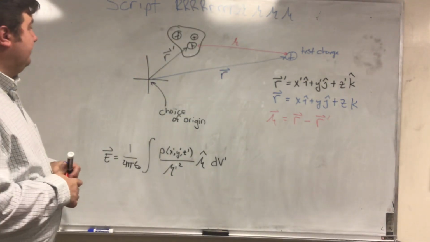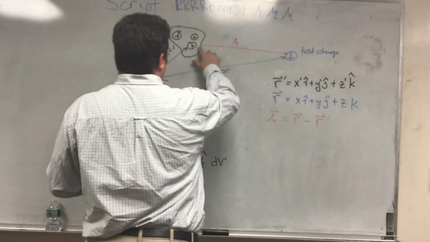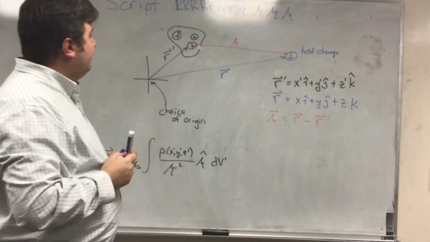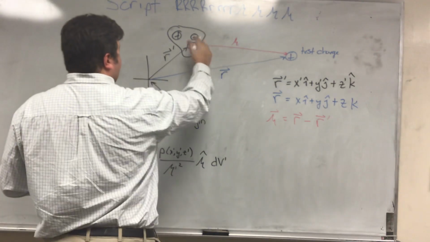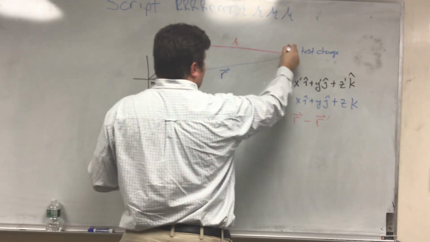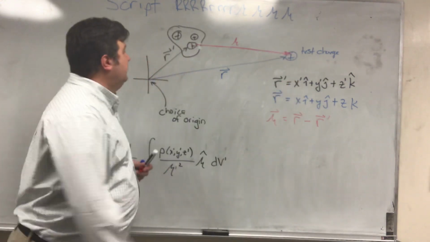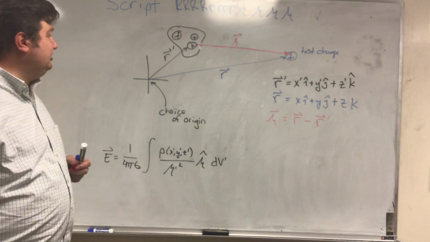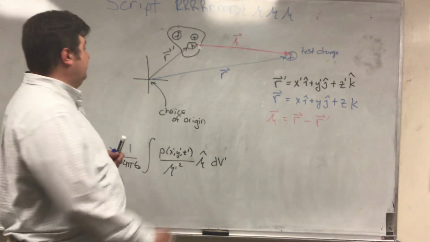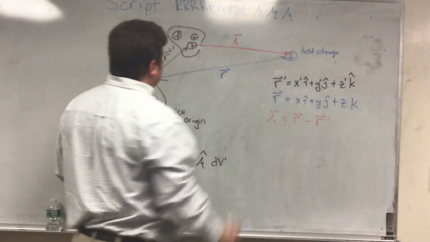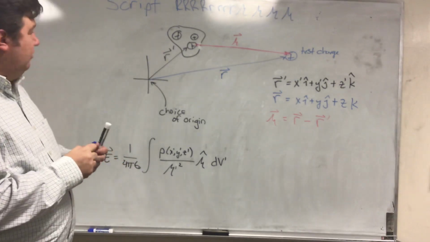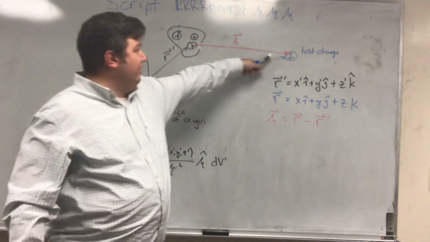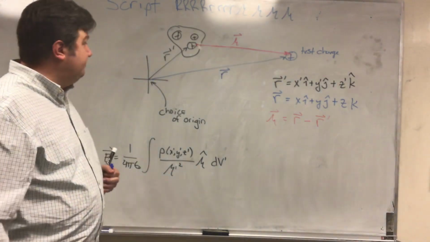Okay, so basically, what I'm going to do is I'm going to have a vector which starts here, right, and points. So the script R vector points this way, right? Which is just the difference between this guy subtracted out of the R vector. So you get this nice vector subtraction between the two, right?